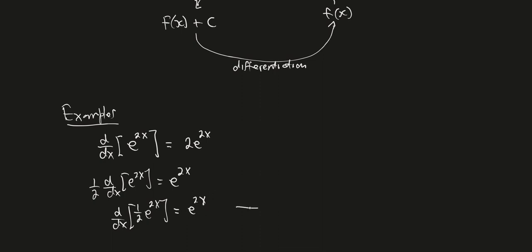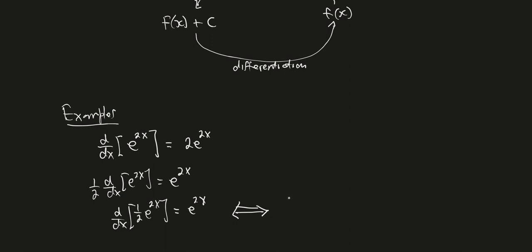But now let me write down the antiderivative form of this equation. If I differentiate 1/2 e to the 2x, I am going to get e to the 2x.